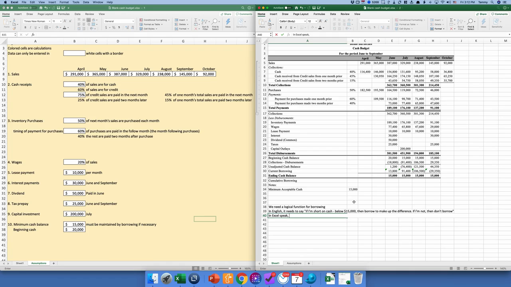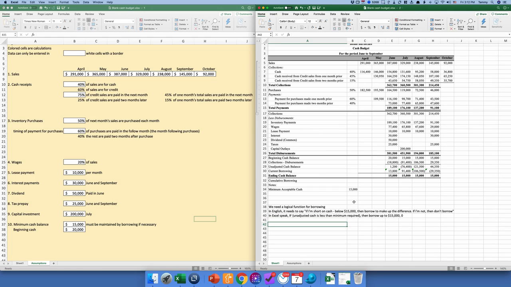It goes if unadjusted cash is less than minimum required, then borrow up to 15 grand, otherwise don't. Okay, so this is kind of close to the actual if statement we're going to make.